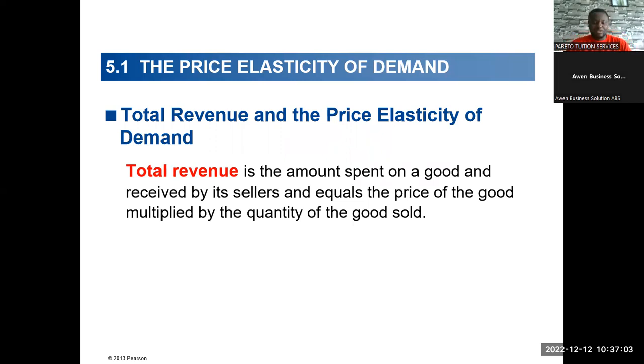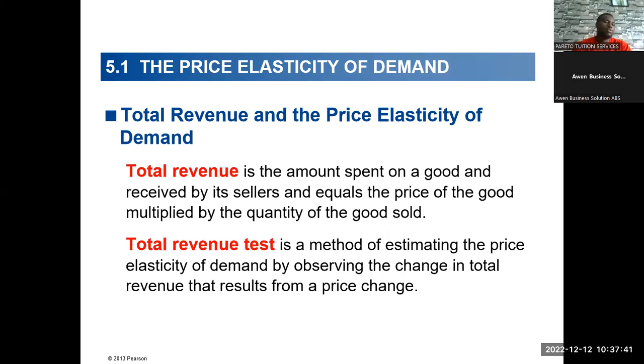But to the seller or the producer, total revenue is the amount of money that he receives from selling units of his commodity. After you have sold whatever quantity you want to sell, the money you get in return is what we call total revenue. Mathematically, total revenue is equal to the price of the good times the quantity that you sell. Price times what? Times quantity. That is total revenue.